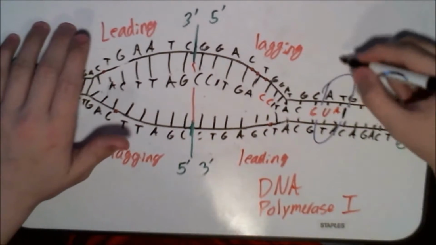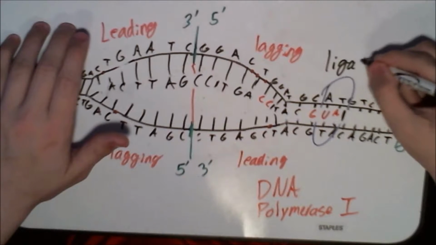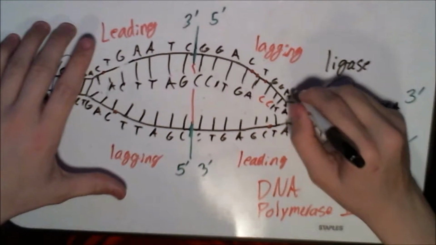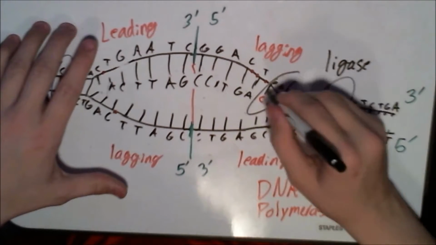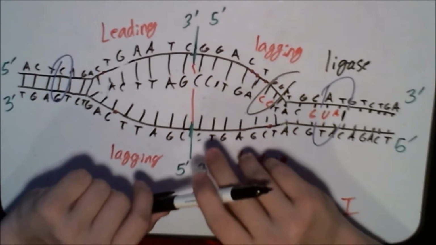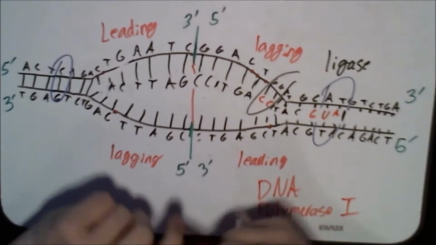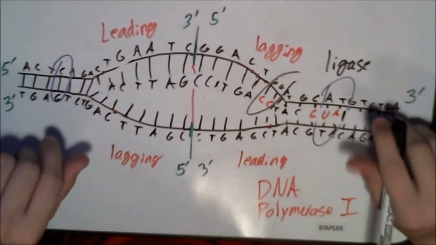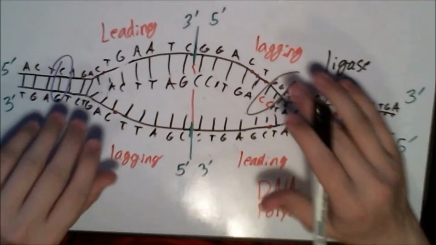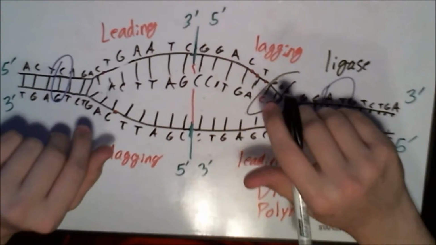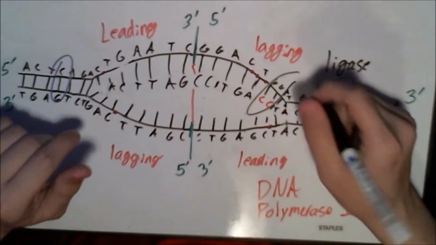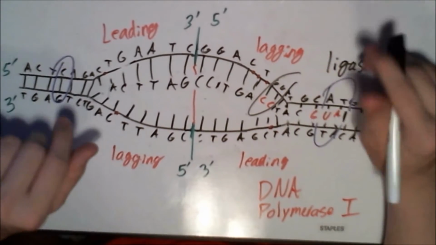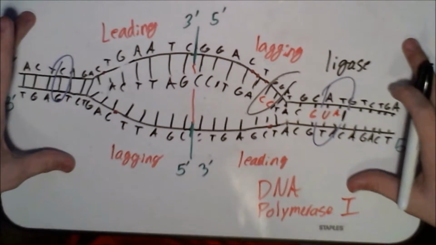So we actually have a protein called ligase go through and basically seal up any gaps that there might be. And that's pretty much it for DNA replication. Once that's all done, it goes through the entire strand, and it sends it off into the new cell to be divided again sometime. That's the basics of DNA replication.